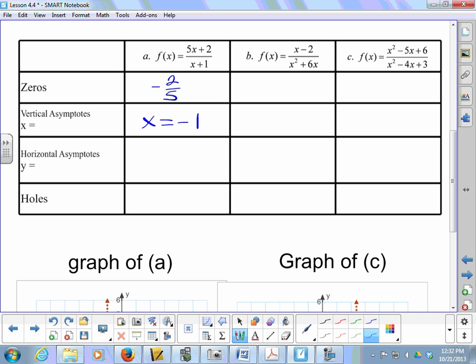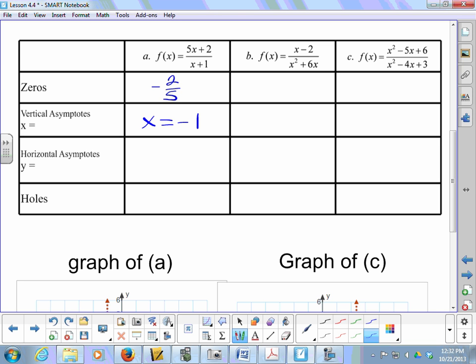Now, when we're talking about horizontal asymptotes or end behavior, this all goes in the same discussion. Take the largest degree terms of the numerator and the denominator. What's the largest degree term in the numerator? 5x, right? The largest degree term in the denominator is x.